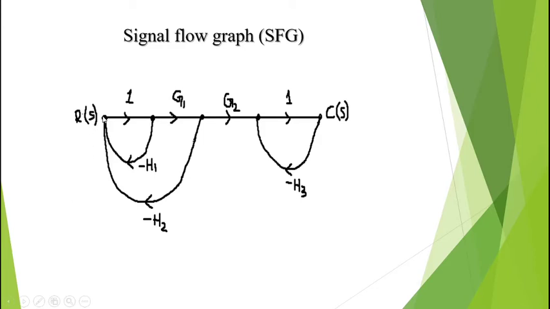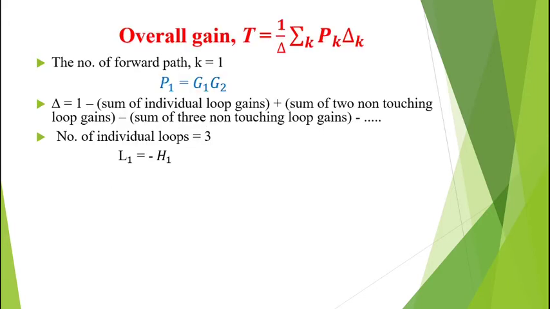So L1 is equal to minus H1, L2 is equal to minus G1 into H2, and L3 is equal to minus H3. I summarized this in the next slide: the number of individual loops is 3, where L1 is the first loop gain, L2 is the second loop gain, and L3 is the third loop gain.